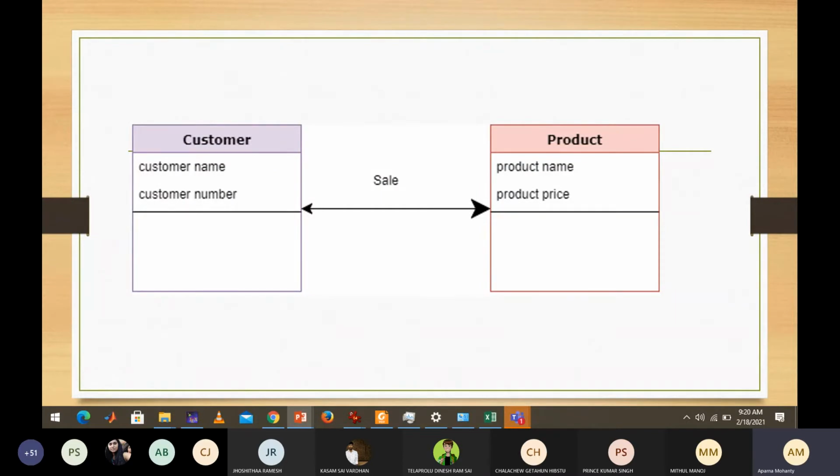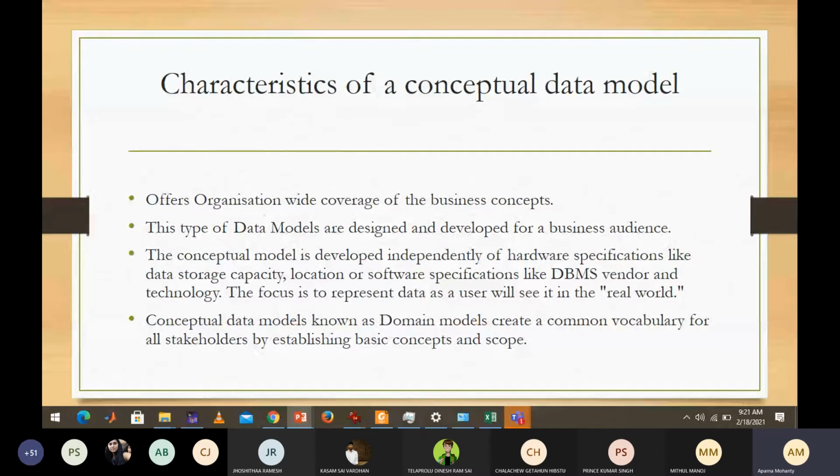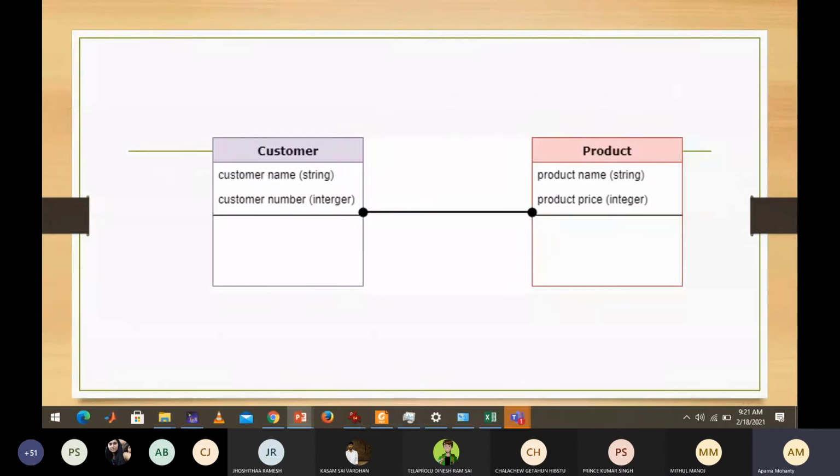Now look into this logical data model. Can you find out the difference? Yeah, anyone? Hello? Yeah, can anybody identify?